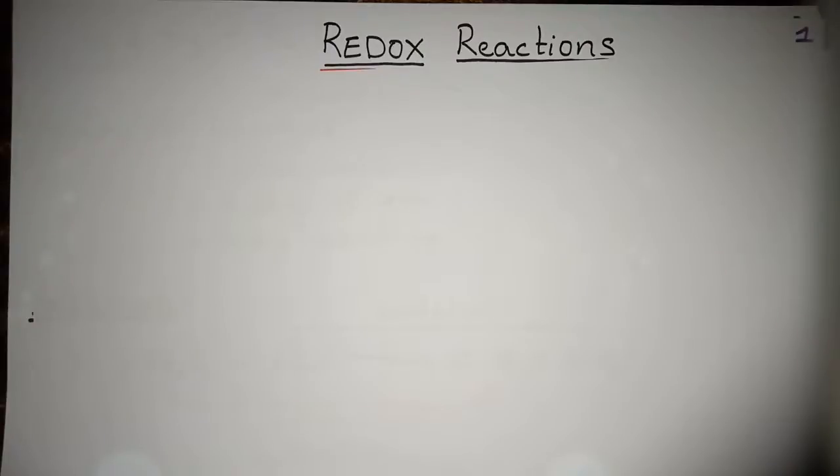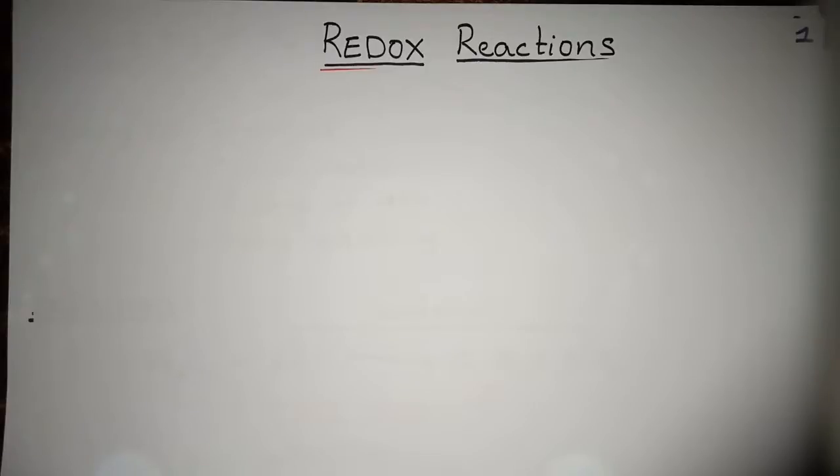Today we are going to study about very important reactions, which are called redox reactions. So what are redox reactions? I am sure you have studied about various types of reactions like combination reactions, single displacement reactions, double displacement reactions, and so on.